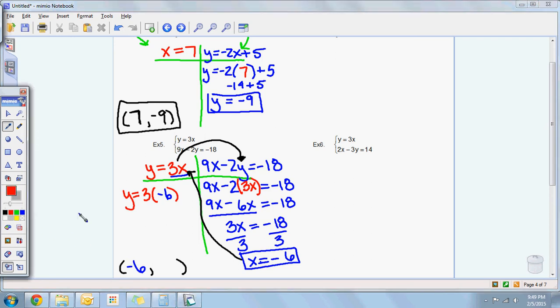So now I can solve for y. Y is equal to negative 18. So I have my y value, and I'm done. So this one, you have to substitute 2 different times because you aren't given one of the values first. Alrighty? So try example 6, answer that in your video, and you're all set.